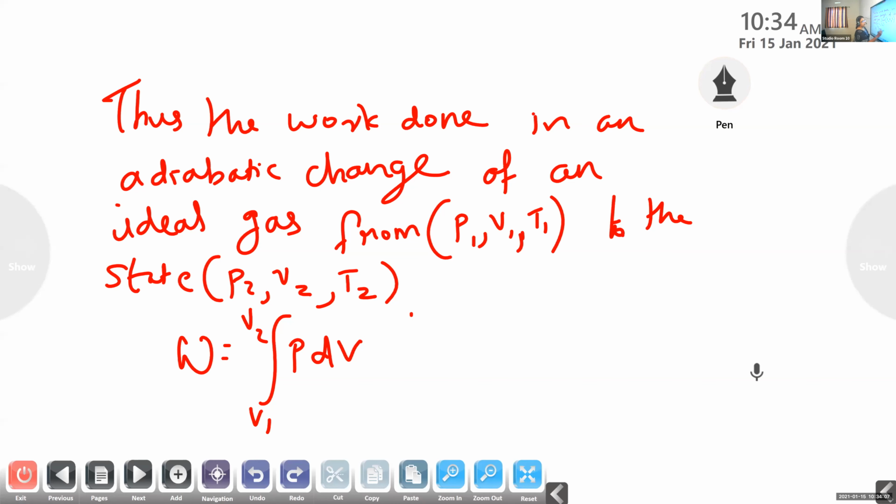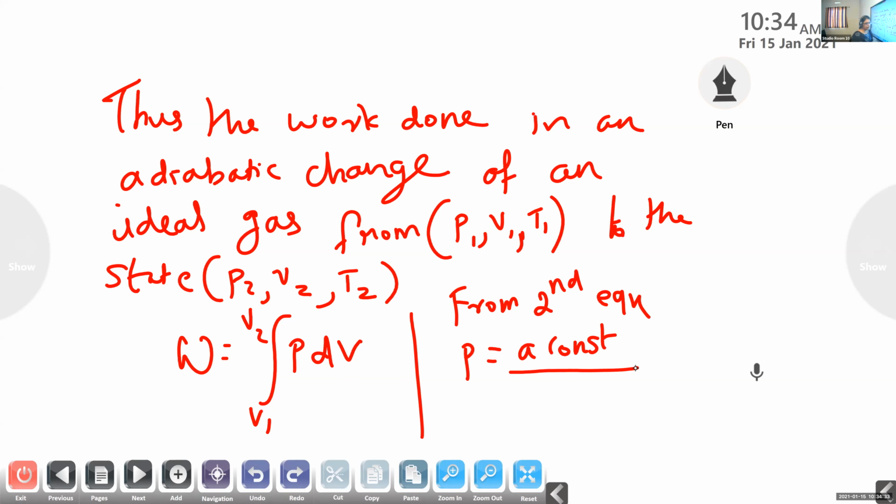Here we cannot use this, because we have PV gamma is a constant. So we go back to the second equation: P is equal to a constant divided by volume raised to gamma.